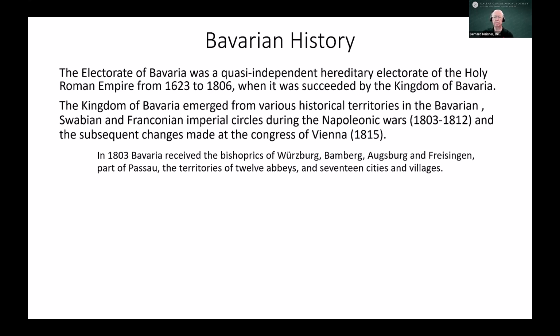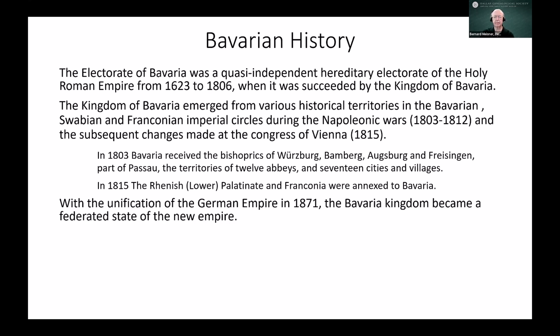It received the bishoprics of Würzburg, Bamberg, Augsburg, and Freising, part of Passau, 12 abbeys, and 17 what were independent cities and villages. So it was a good consolidation. And the Lower Palatinate in Franconia were annexed in 1815. And we'll be talking a little bit about the difference between the Upper Palatinate and the Lower Palatinate.